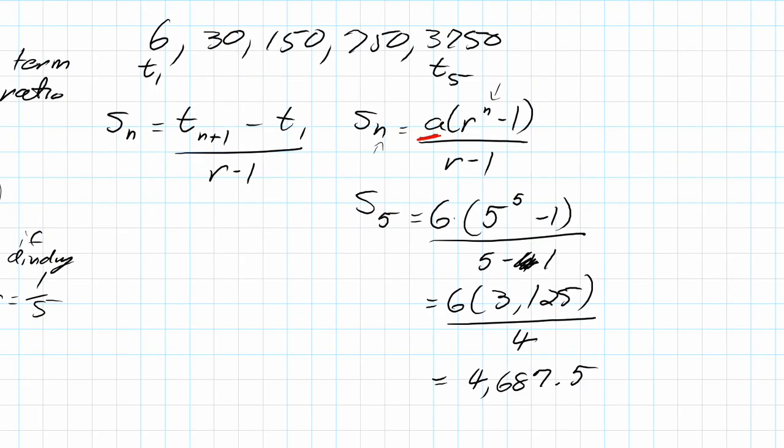Okay, let's check out how we plug things in. A value was 6. That's good. R value was a common ratio of 5. So that's 5 and 5. Subtract 1. Subtract 1. We were looking for the sum to the fifth term. 5 to the power of that would give us, double check that one. I know that 125 by 5 would give us 625, and then 3125.